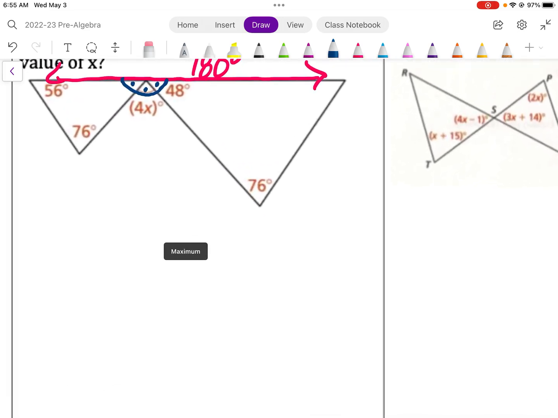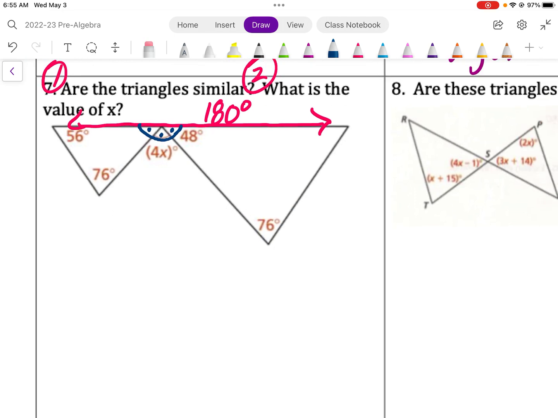I want to determine the measure of those angles. But I see something I can do. I can use these two angle measures in the corner to find the measure of the missing angle in that triangle. So I'm going to do that first. I'm going to add 56 and 76, and I'm going to call that angle in the corner x.